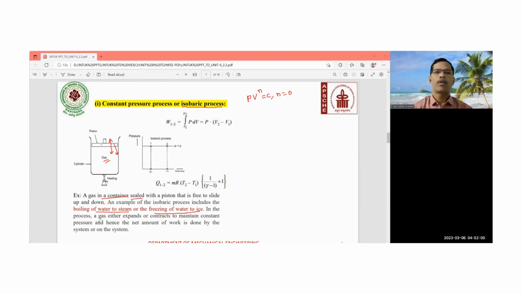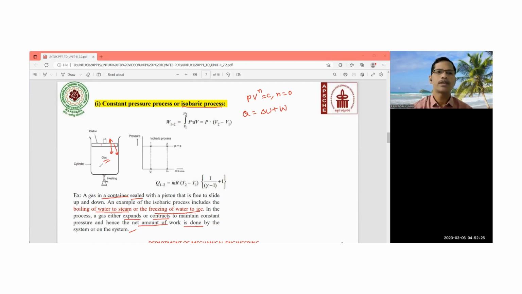So in the process, sometimes the gas is going to expand or contract to maintain the pressure as a constant, and hence the net amount of work is done by the system or done on the system, right? So now you have to apply here, that is Q is equal to delta U plus W. Why delta U plus W?